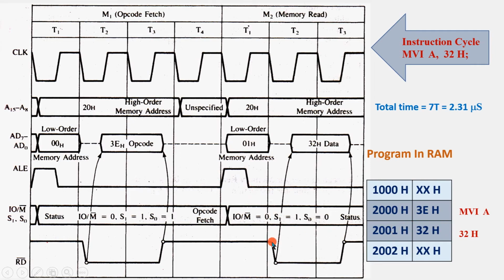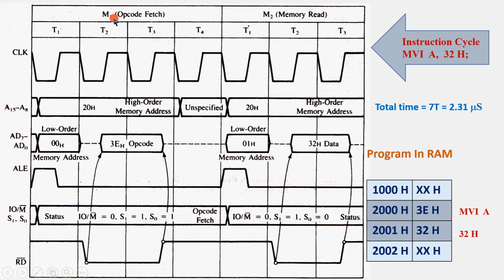Once again in the next clock RD goes low here, and therefore this 32 is read by the microprocessor, and that 32 goes into the accumulator. So the purpose of this instruction is that 32 gets loaded into the accumulator. This number immediately after the opcode goes into the accumulator.